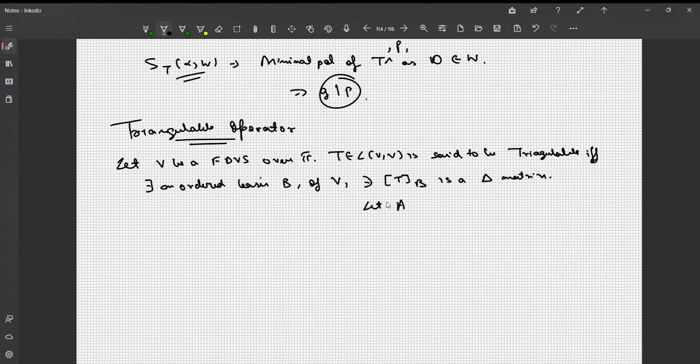Okay, so it's quite analogous to diagonalizable operators.